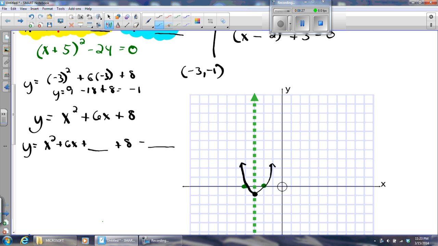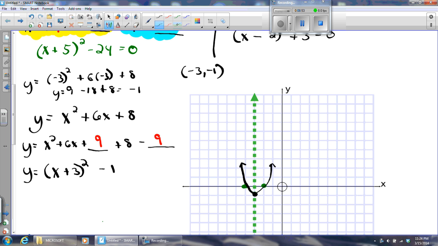Okay, I'm going to take half of the 6, square it, get 9. Then I've got to subtract 9, right? So now I can do the perfect square trinomial thing on these first three terms. I'm going to get y equals the quantity x plus 3 squared, and I'm going to combine those like terms and get a negative 1.